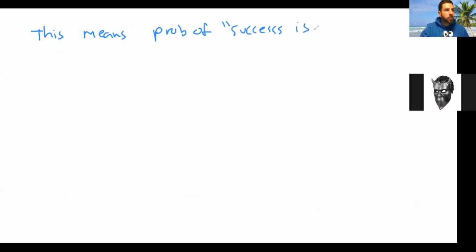So let's change our colors. This means the probability of success is p. What is p? Little p is 6 over 100.